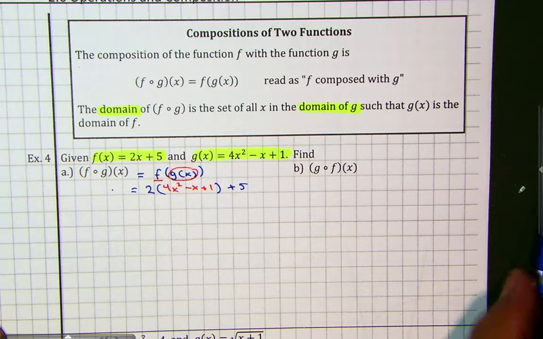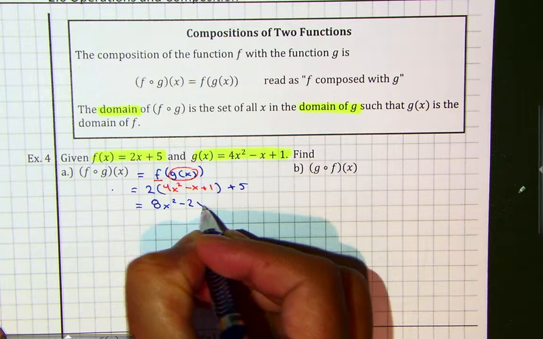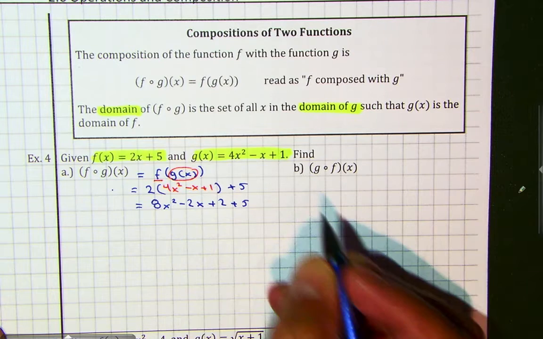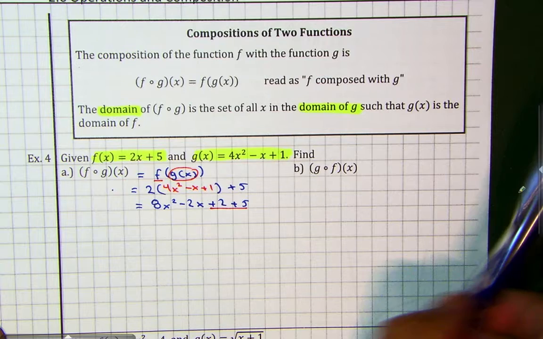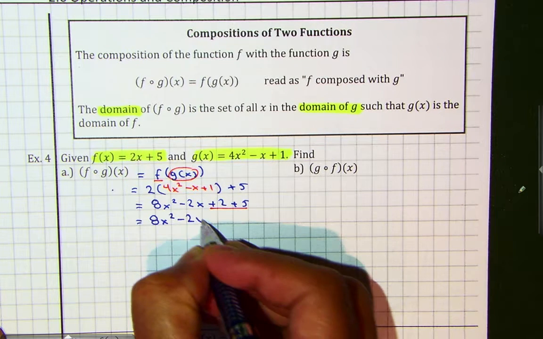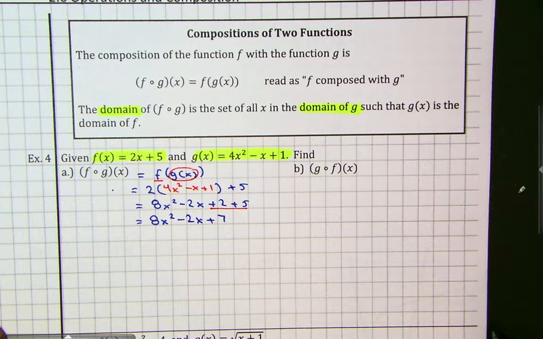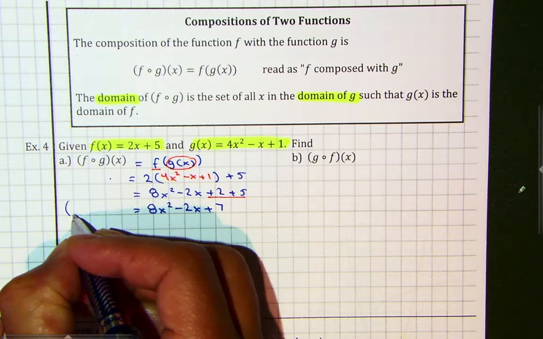And now I can just simplify. That gives me 8x squared minus 2x plus 2 plus 5. Combine like terms. That gives me 8x squared minus 2x plus 7. And remember that I do need to see your notation as part of your answers.